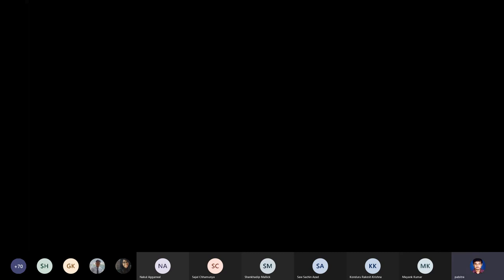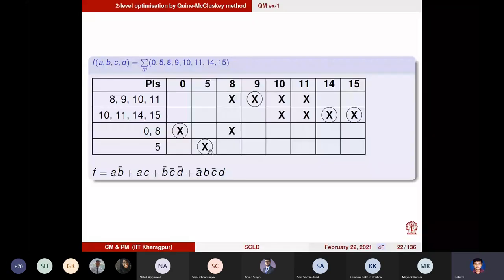All the rows are essential in this case. 08 is the essential implicant for 0, 5 is the essential implicant for 5, 8, 9, 10, 11 for 9, and similarly 10, 11, 14, 15 for 14, 15. So all these are essential implicants. The rule is that you cannot drop any essential prime implicant. They have to be there.